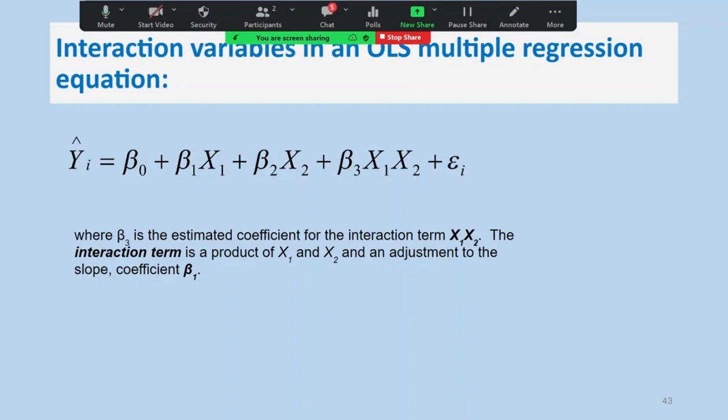So you have these two categorical variables that you combine to see whether there's significance there. We'll get into the details of that later, but that's essentially what you're doing, okay? And this is actually a product of x1 and x2 here to adjust the slope, okay?